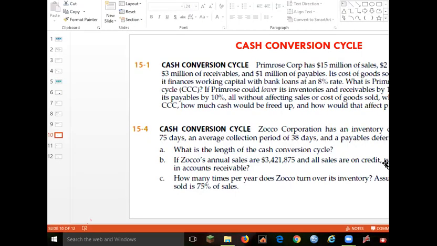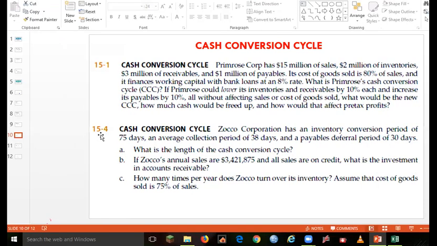Okay, class. So the next problem is 15-4 from your course pack, page number 568. The cash conversion cycle. Again, it is about the cash conversion cycle.